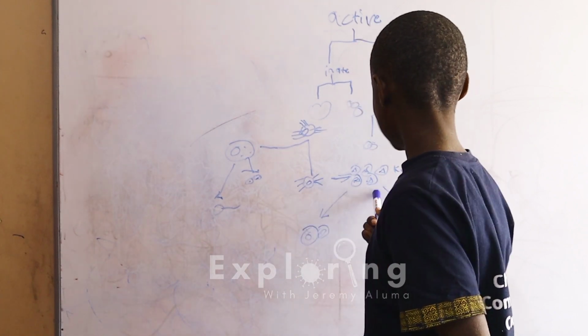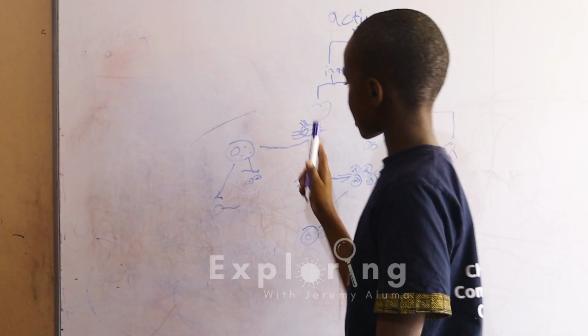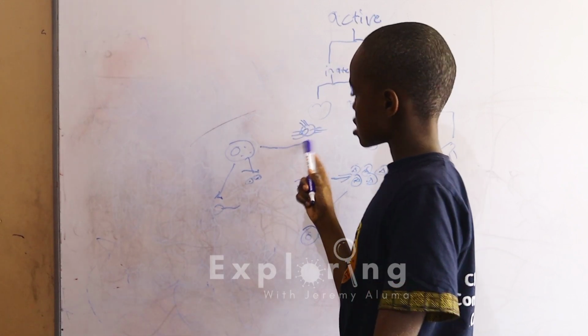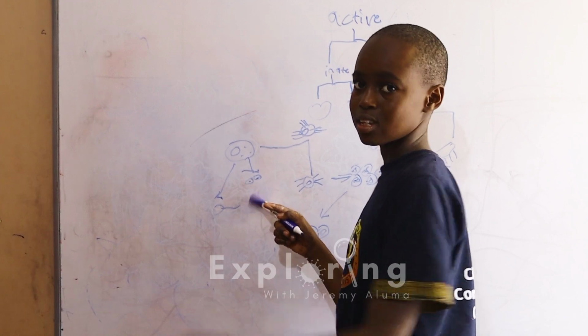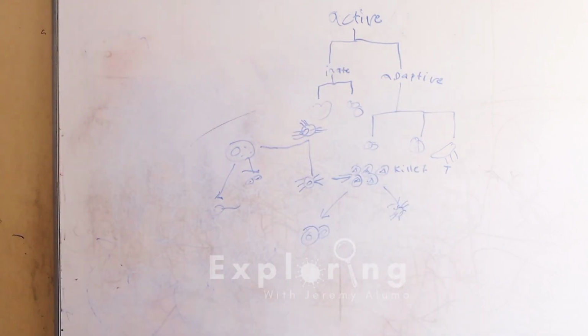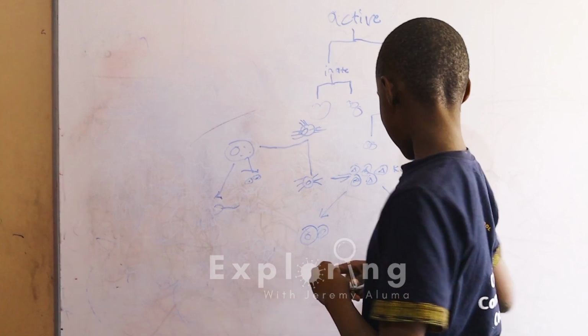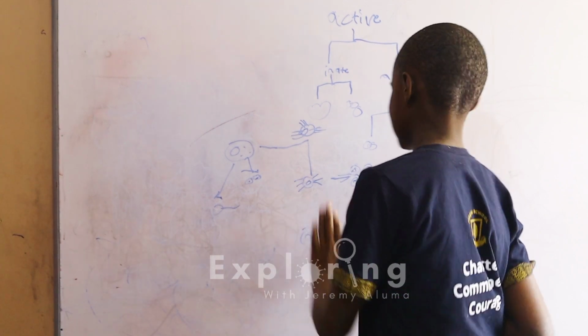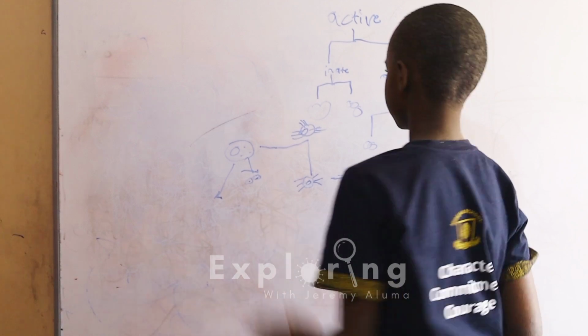The helper T cell activates killer cells to kill the disease, to kill the infection, and the helper T cells activate regulatory T cells, and regulatory T cells activate the B cell to kill the cells. In a sense, it means we have two parts of your adaptive immune system: one attacking the disease, one attacking your cells.